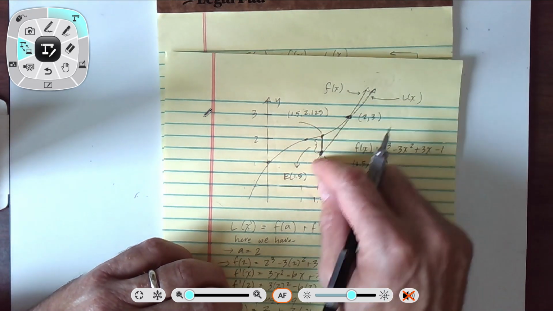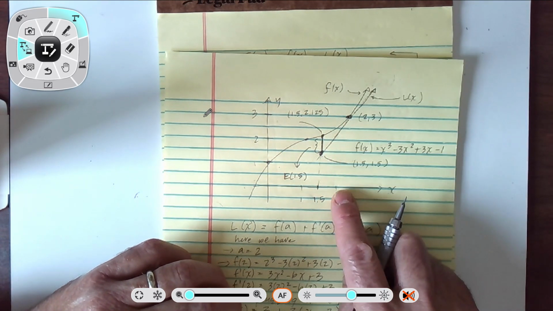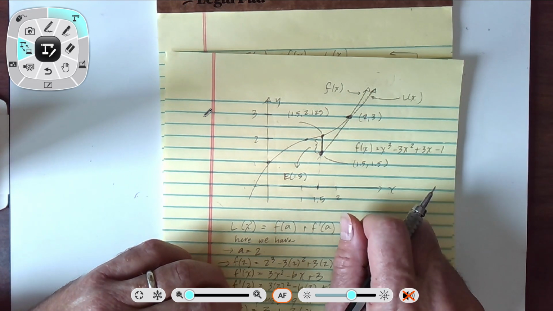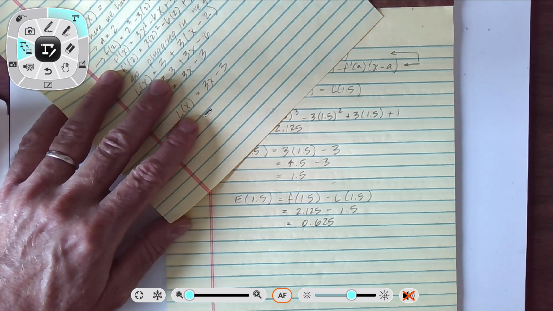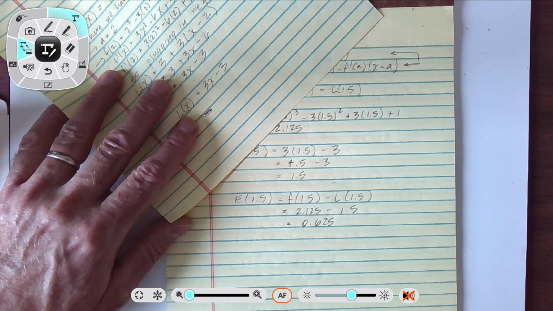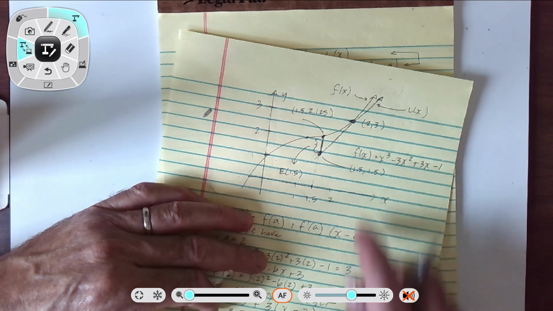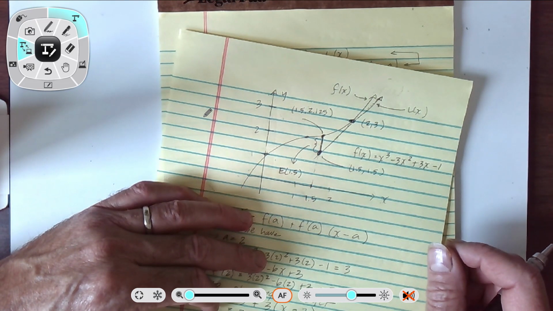So the error associated in using a line that's created with a tangent point at x equals 2 when we're half a unit away is exactly 625 thousandths away from the value of the function. So the local linearization is under-predicting the value of the function here.